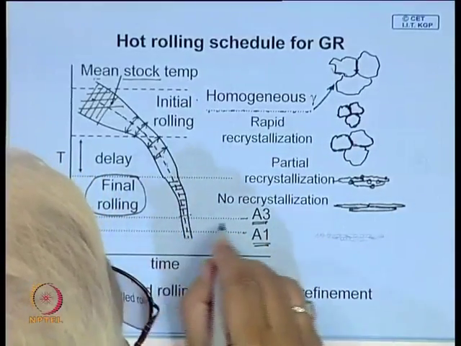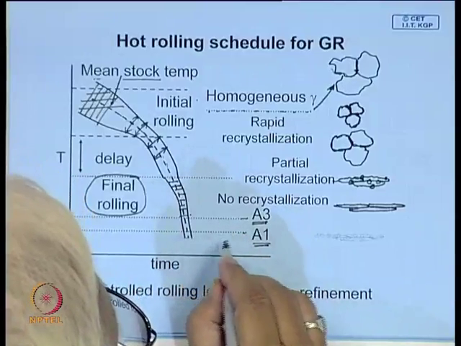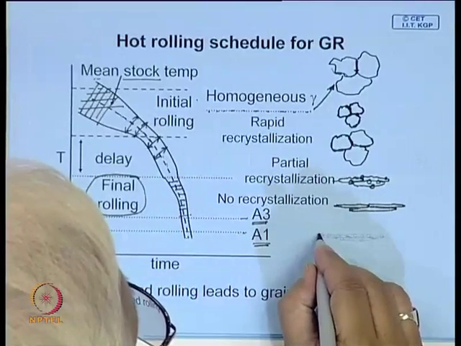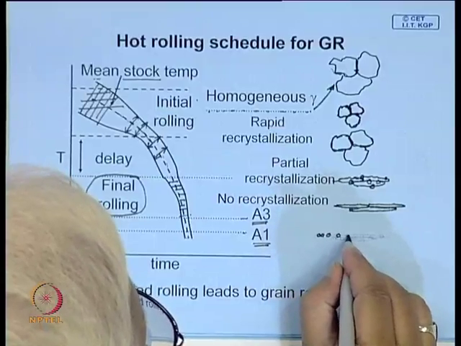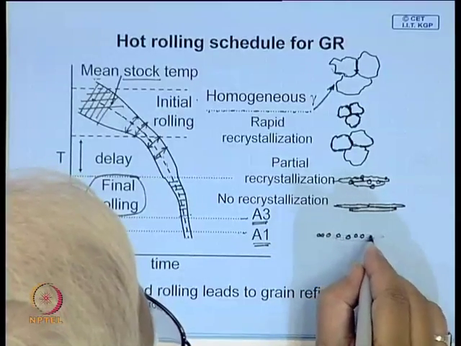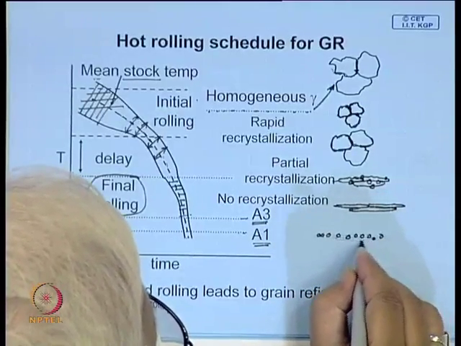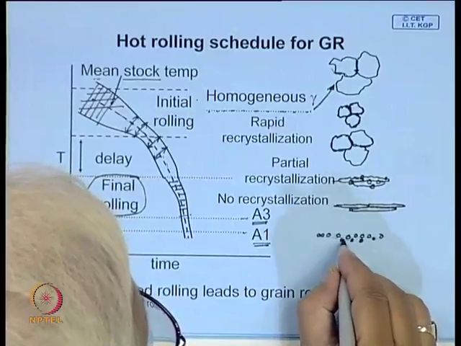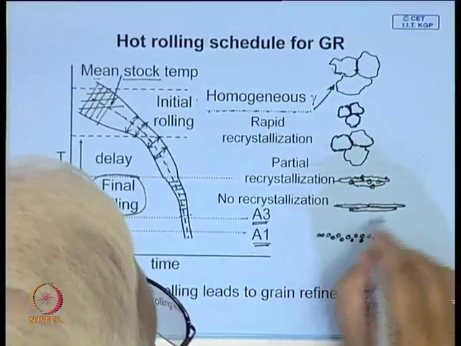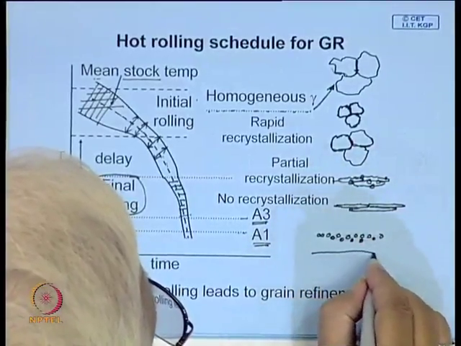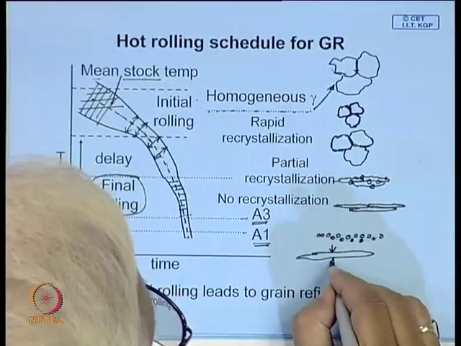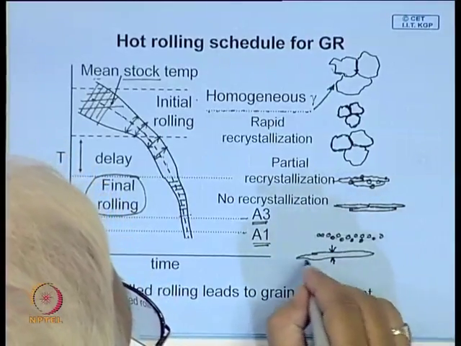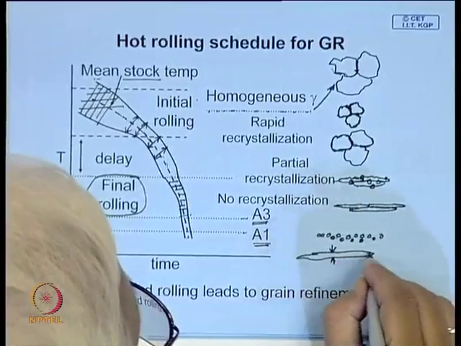By that time your work is over and you allow it to cool, and that is the time the fine grains form, these are the ferrite grains which will nucleate, particularly because this austenite grain which has been cold rolled is very thin and has very large surface area where grains can nucleate.